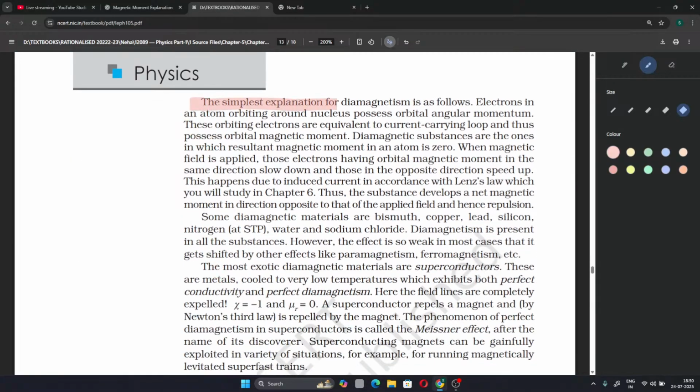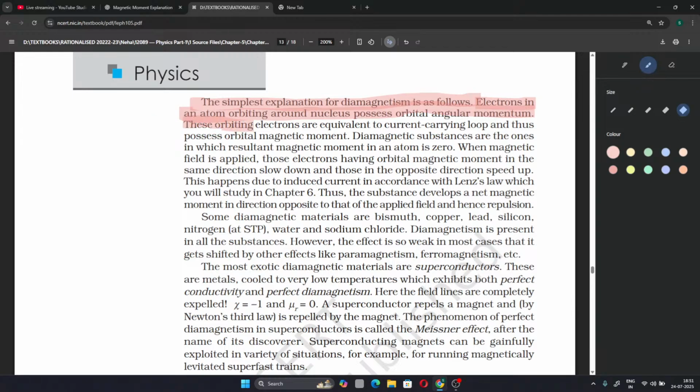The simplest explanation for diamagnetism is as follows. Electrons orbiting around the nucleus possess orbital angular momentum. Basically, electrons in the atom are orbiting around the nucleus. This is an electron, a charge moving, so this will create an orbital angular momentum.